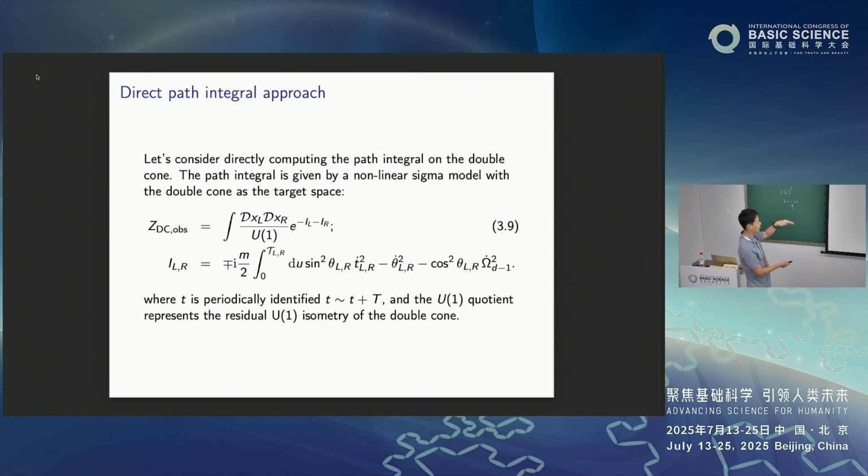Here it's a one-dimensional nonlinear sigma model whose target space is this double cone. So we're summing over all the paths with this action. And this bulk time, little t, is periodically identified because of the quotient. Furthermore, we have to quotient a residual U(1) isometry of the double cone.